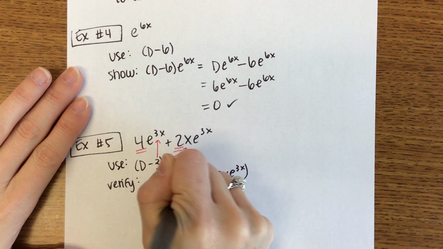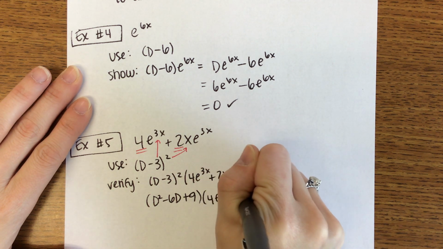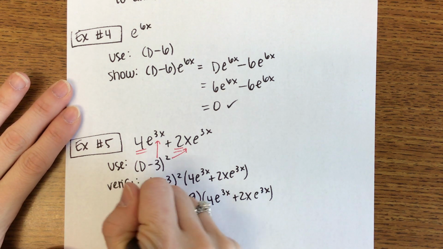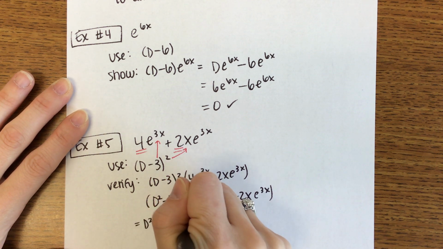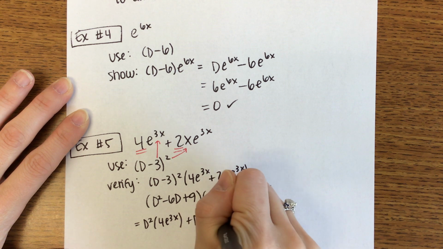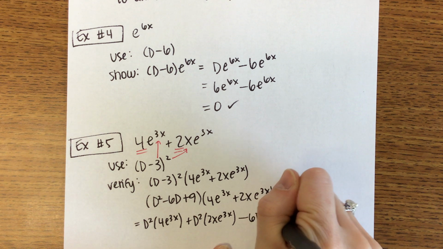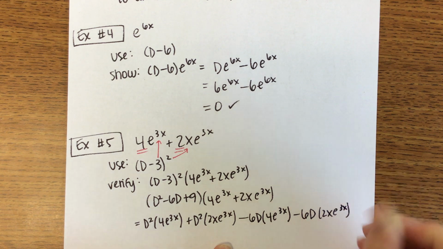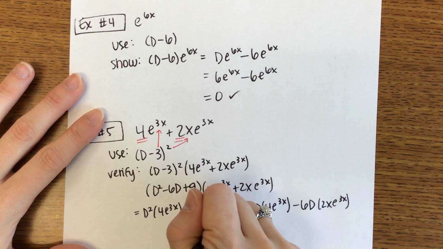So you get D squared minus 6D plus 9. You're applying all of that to 4e to the 3x plus 2x e to the 3x. Then D squared is applied to 4e to the 3x. It's also applied to that 2x e to the 3x. 6D is applied to both. And then we have 9 multiplied by both.